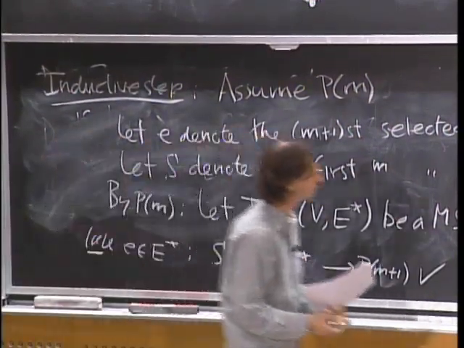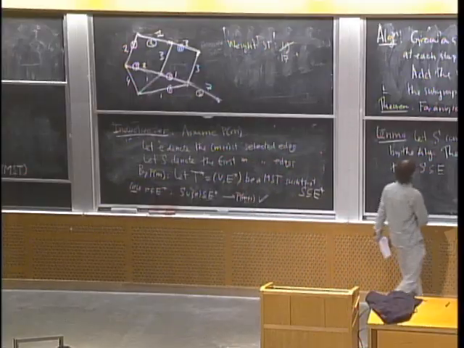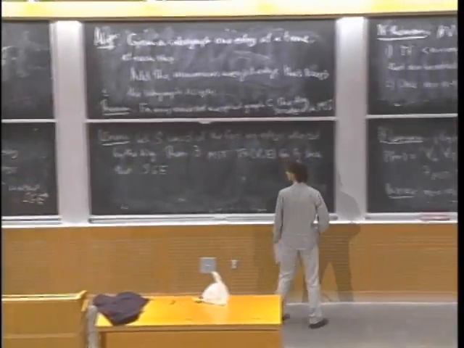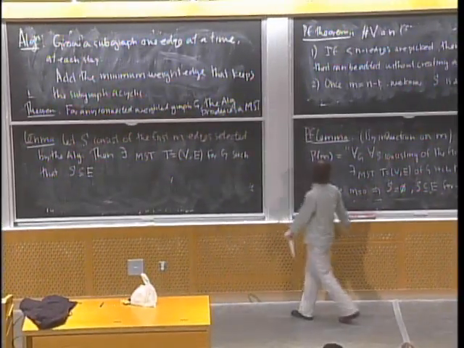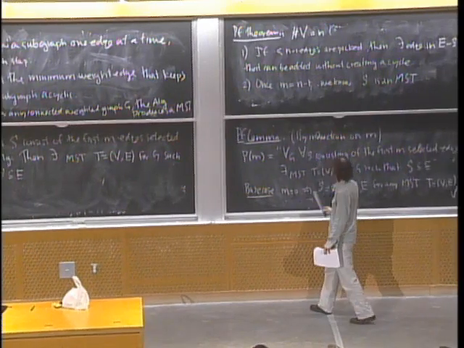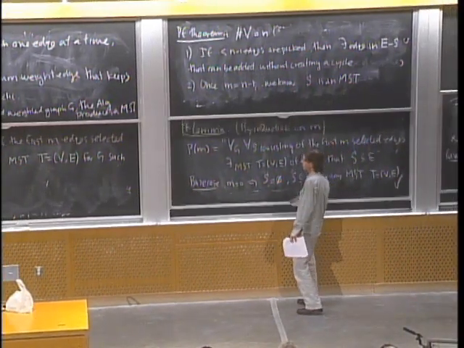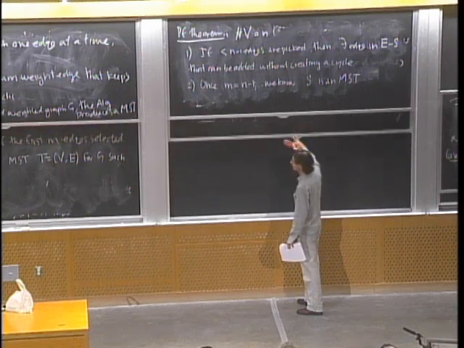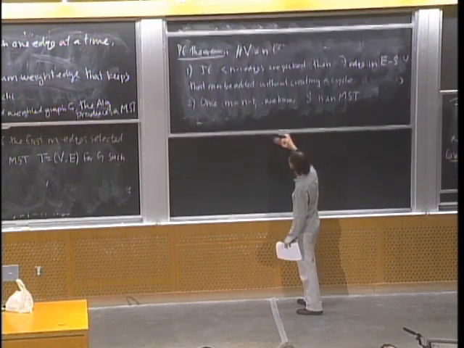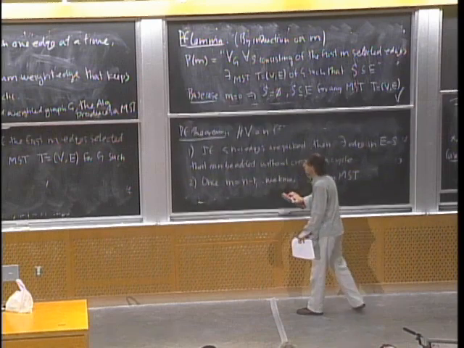Now the next case is the difficult part. Okay, let's wipe out. Actually, we do not really need the proof of the theorem anymore. So let's take this off the blackboard.